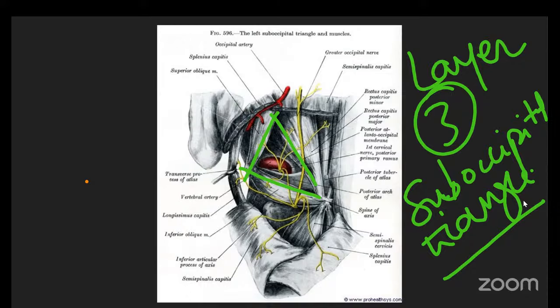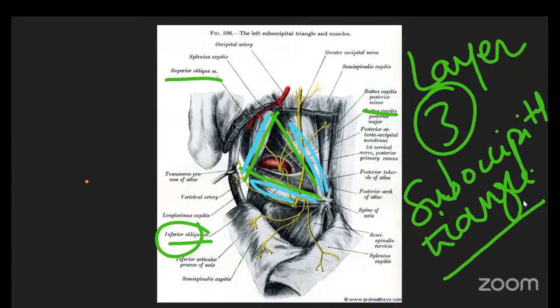There is a superior oblique muscle here, and then we have the rectus capitis major, and we have the inferior oblique. These are the three muscles. I'm going to mark them in different colors. This muscle, this muscle, and this muscle make a triangle which is called the suboccipital triangle.